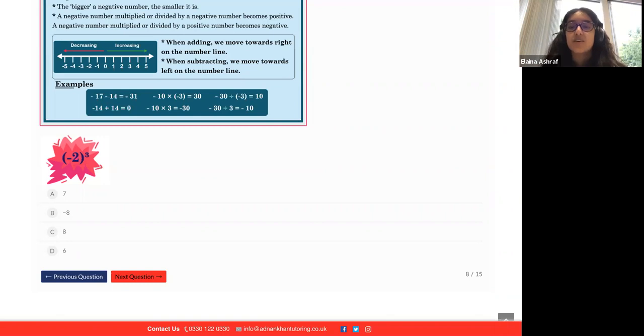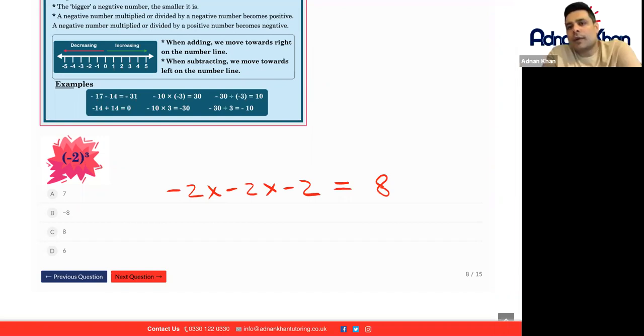The same. So -2 cubed is 8, because there's still... wait, would that be the same because there's 3 minuses? So we'll cancel this one out with this one, which means we've got one minus left.